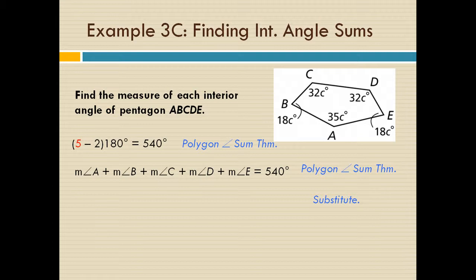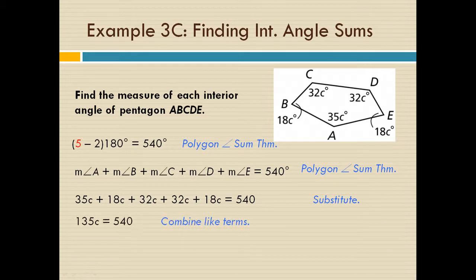And then we're going to substitute in what we know. So we have 35c plus 18c plus 32c plus 32c plus 18c equals 540. We combine like terms and we get that 135c is equal to 540. If we divide both sides by 135, we get that c equals 4. But we're not finished yet.